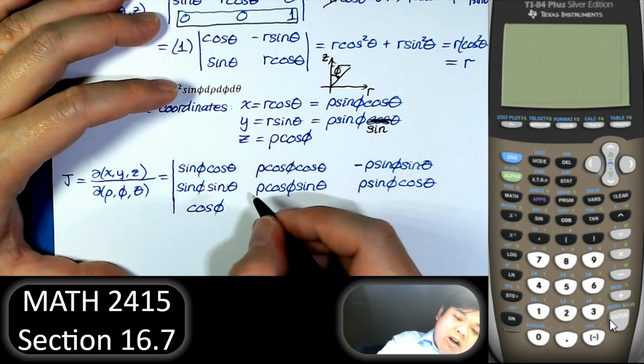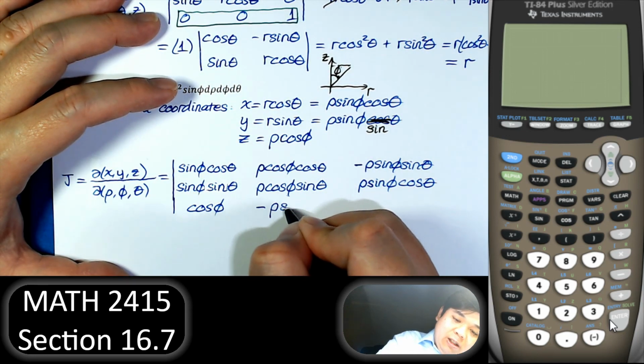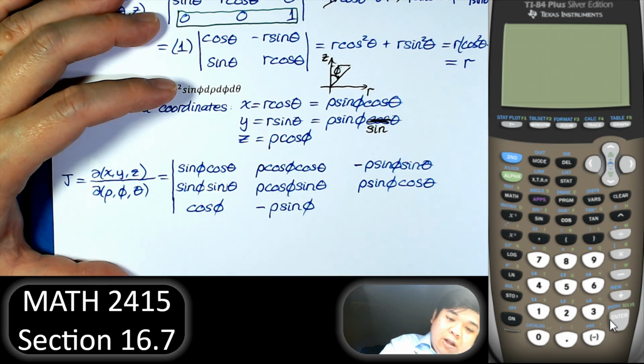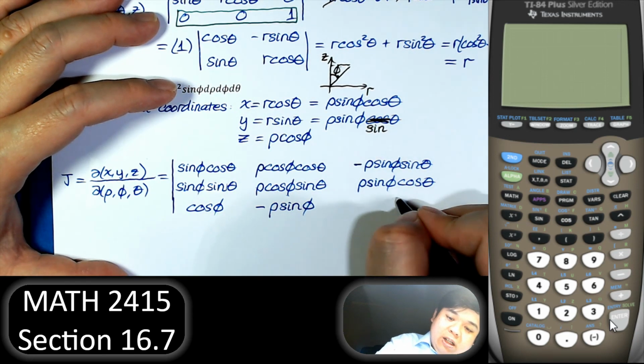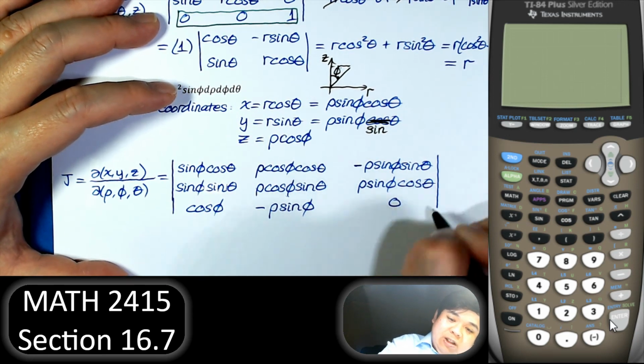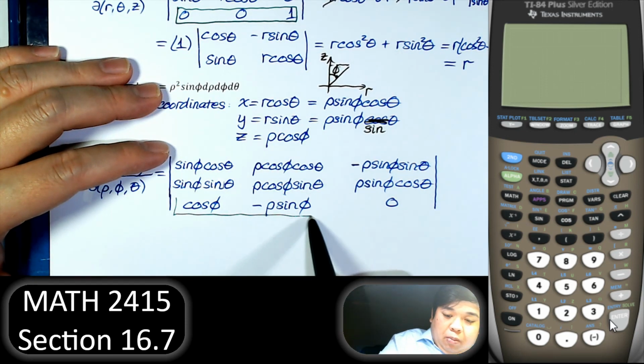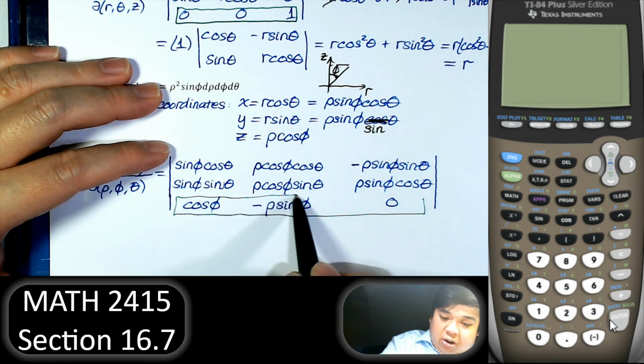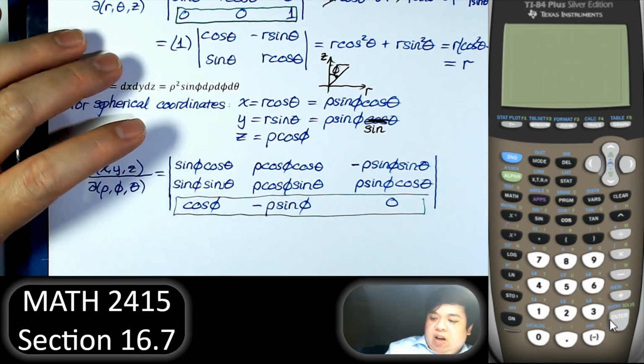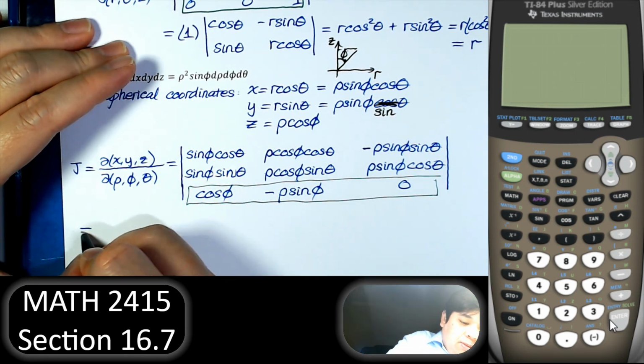With respect to phi is negative rho sine phi, and with respect to theta is 0. Right. Once again, we evaluate based on the last row because there's a 0 there. It's a bit convenient.